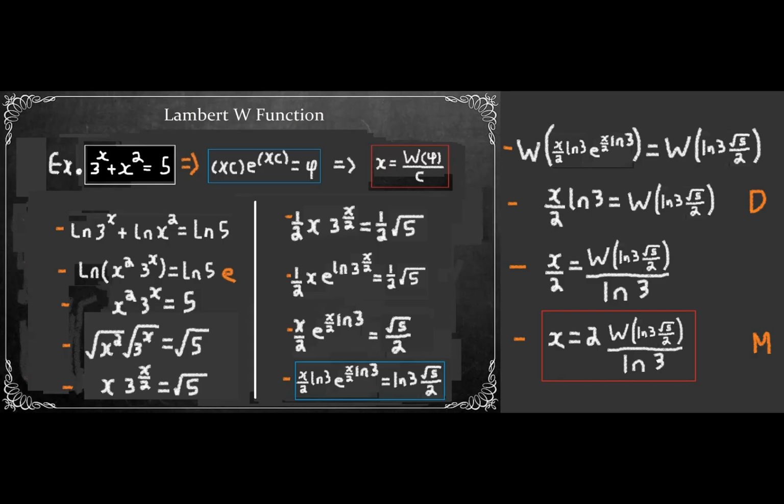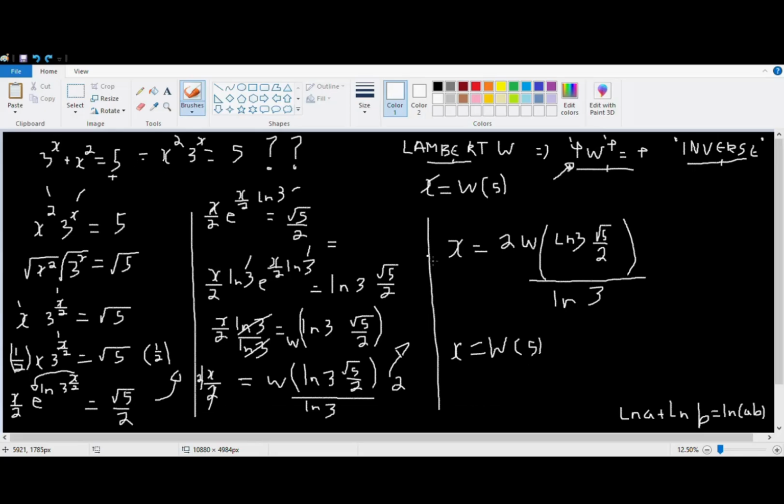After that detour, that loop, and doing all that study, we finally got here. And now, it's just a matter of checking our work. So in the end, do we have x equals W of 5?